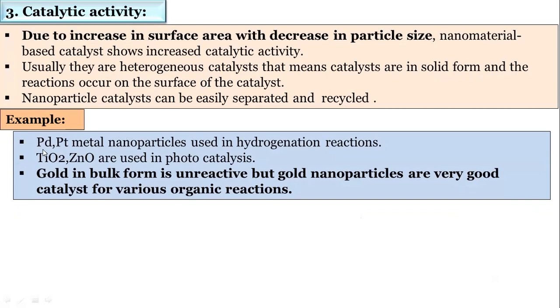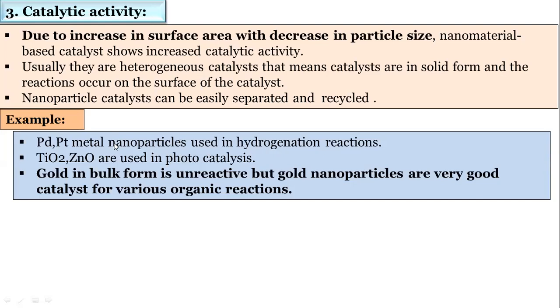Example I will give: palladium, Pd, then platinum. These metal nanoparticles are used in hydrogenation reactions. You know, in 11th standard and in 12th standard also, we learned about these reactions. It is called catalytic hydrogenation, using nickel, platinum and palladium.